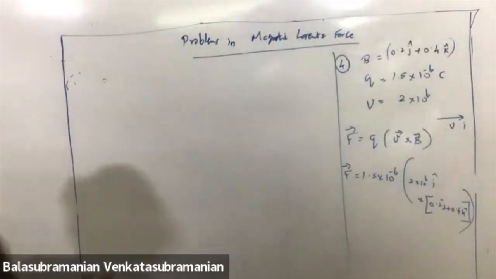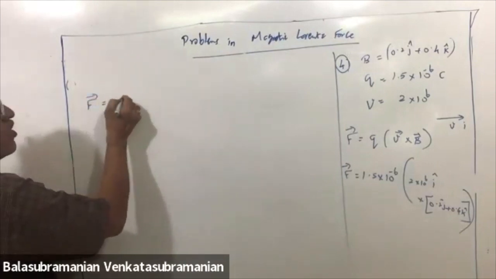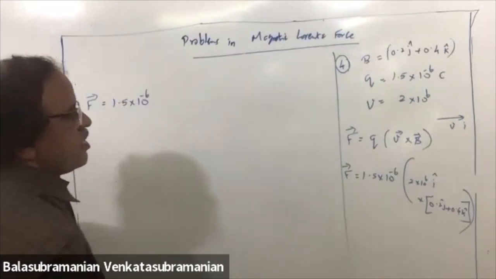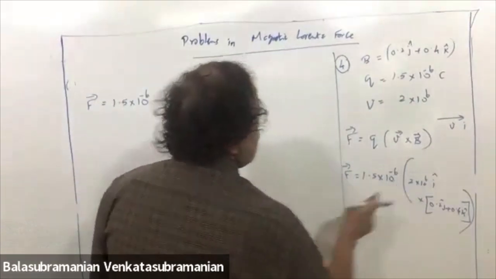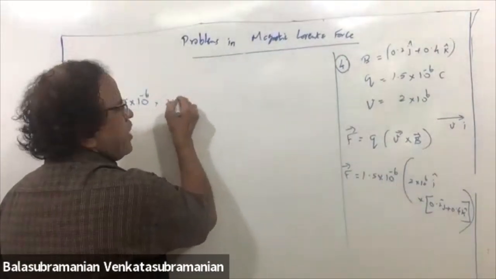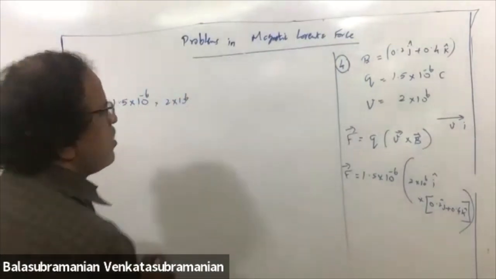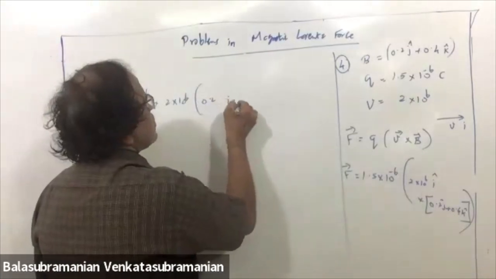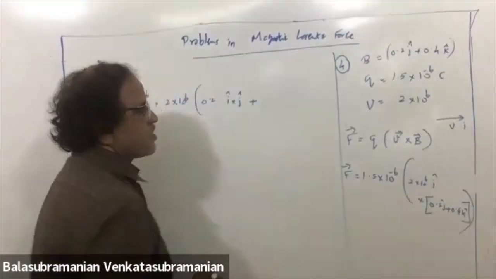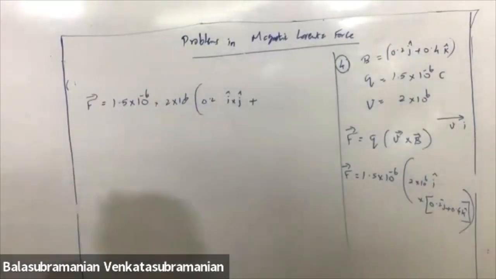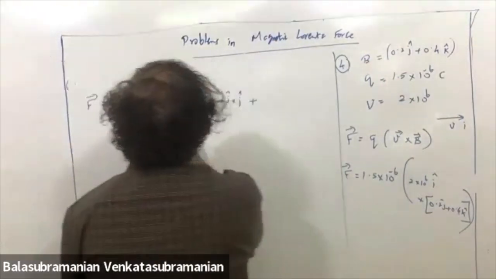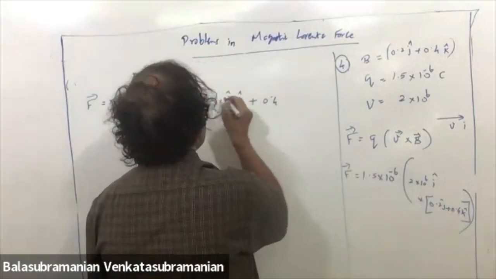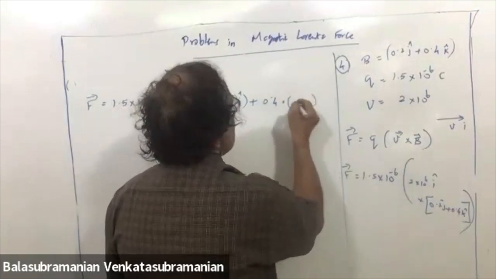So F is equal to 1.5 into 10 power minus 6 into 2 into 10 power 6 into 0.2 I cross J plus 0.4, 2 into 10 power 6 you have taken out common, so 0.4 into I cross K.